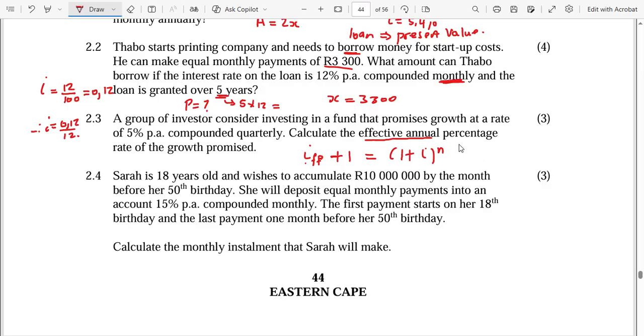The only thing we have here is 5%, compounded quarterly. So 5 divided by 100 gives you 0.05. You take that 0.05 and divide by 4. When they say compounded quarterly, divide that by 4.